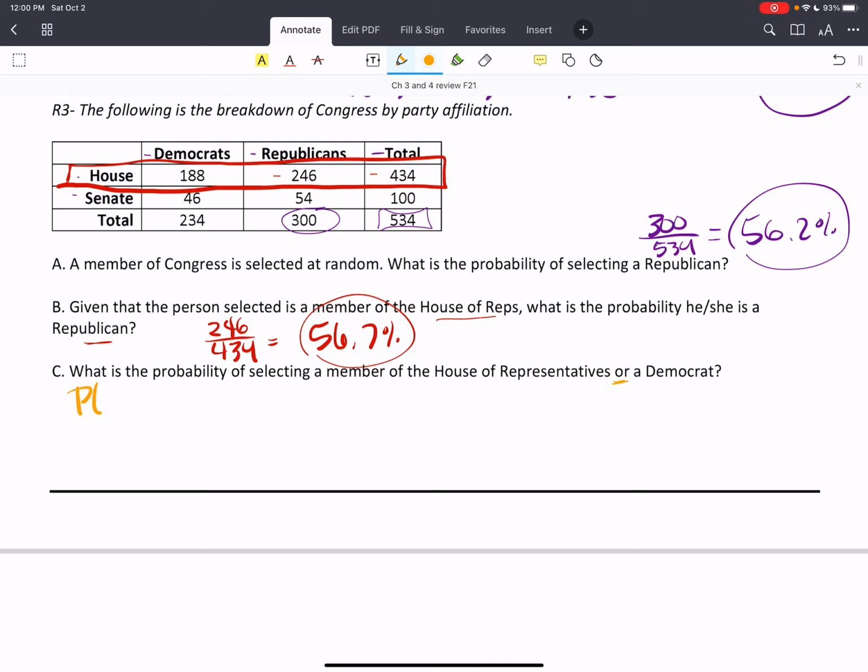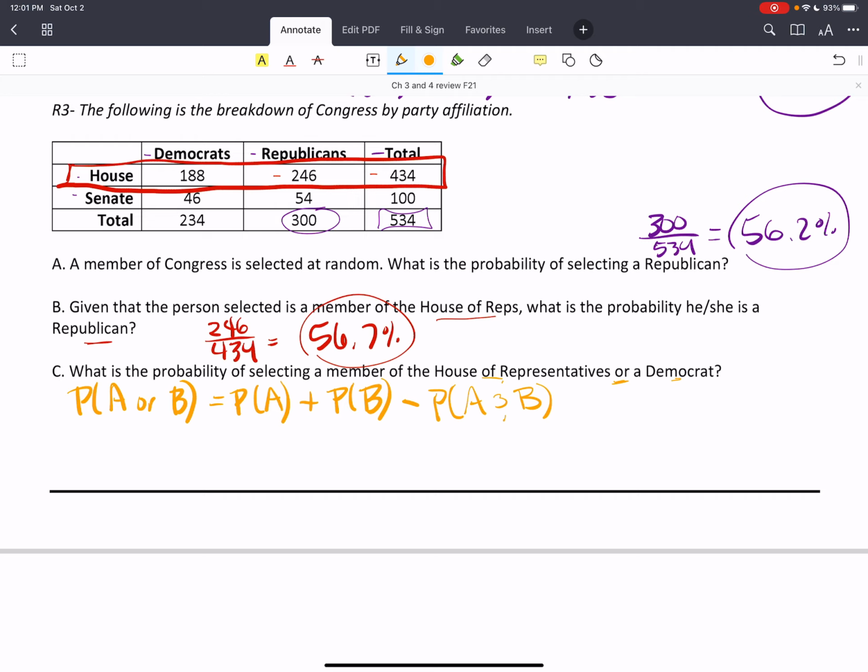So the probability that A or B happens is simply the probability that A occurs, that they are a member of the House of Representatives, plus the probability that B occurs, they are a Democrat. But then we have to subtract the probability that they were both, because there's some overlap here, right? These are not mutually exclusive. They can be both in the House of Representatives and be a Democrat, okay?